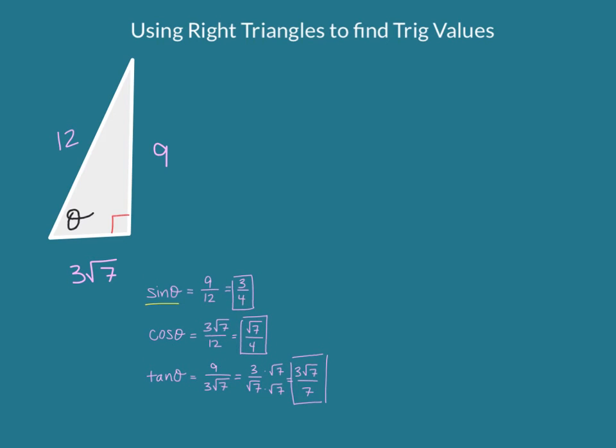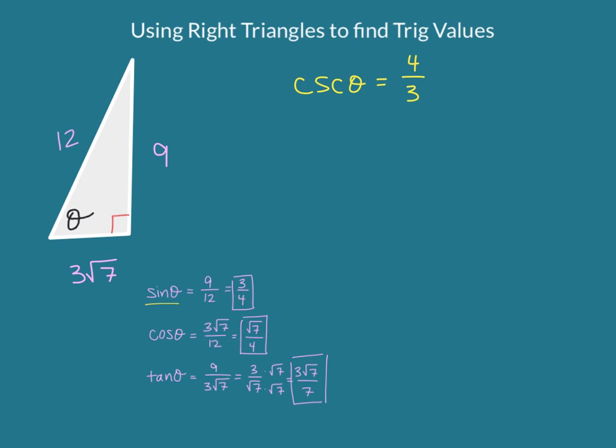All right, first we want to do the reciprocal of sine. The reciprocal of sine is cosecant. And the cosecant of theta, once you've found sine, cosecant's easy to find because the cosecant of theta is just its reciprocal. So the cosecant would be 4/3. You can also think of cosecant as hypotenuse divided by opposite, 12 over 9, which is 4/3. I like to just find these main three and then you can find their reciprocals.